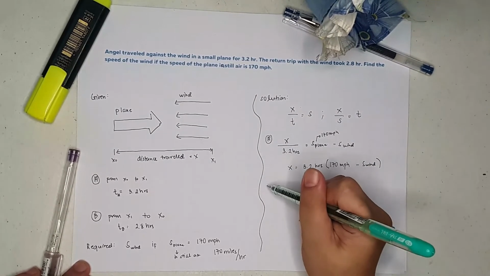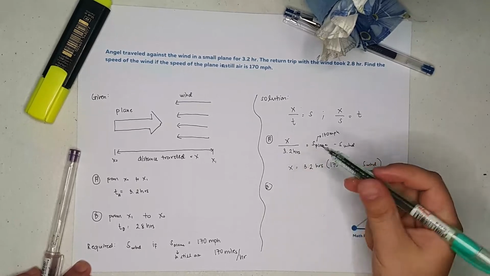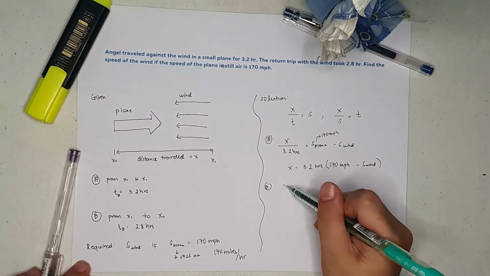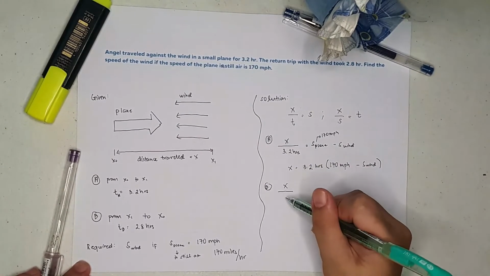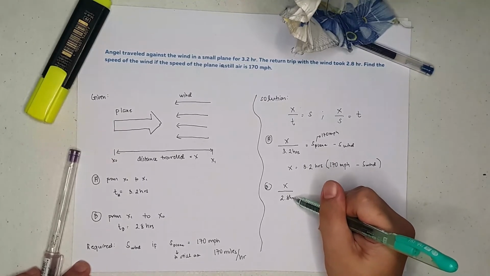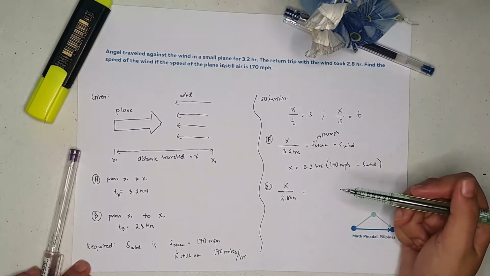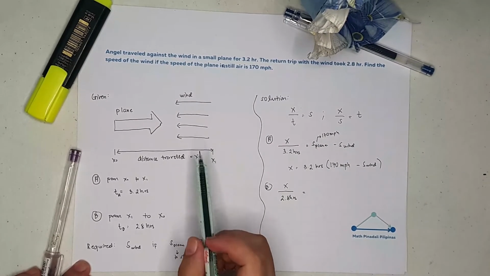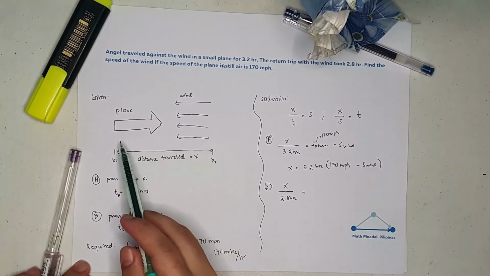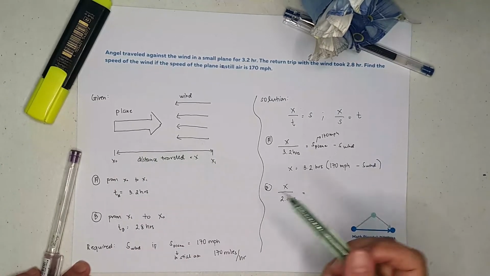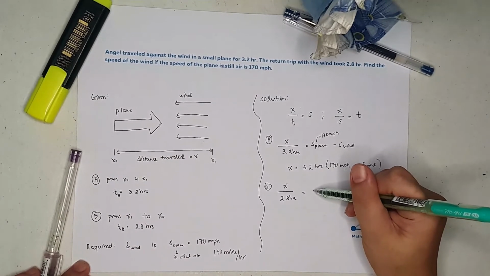For scenario B, x divided by 2.8 hours, since the return trip is faster, is equal to, since the wind is going this way and the plane is also going this way, you add them because they are in the same direction.